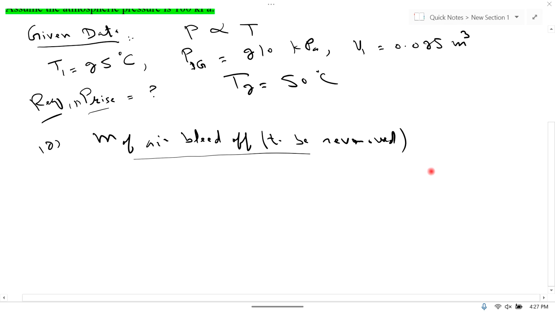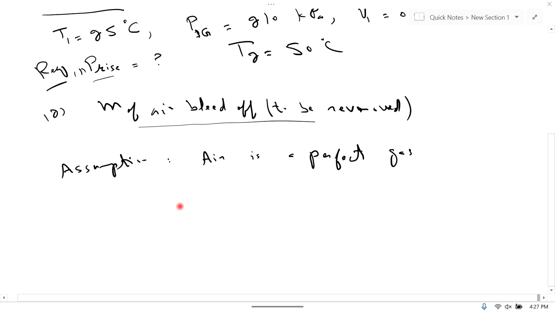Here the important point is we will use the assumption that air is a perfect gas. So we will use perfect gas equations. Convert all temperatures from degrees centigrade into Kelvin.